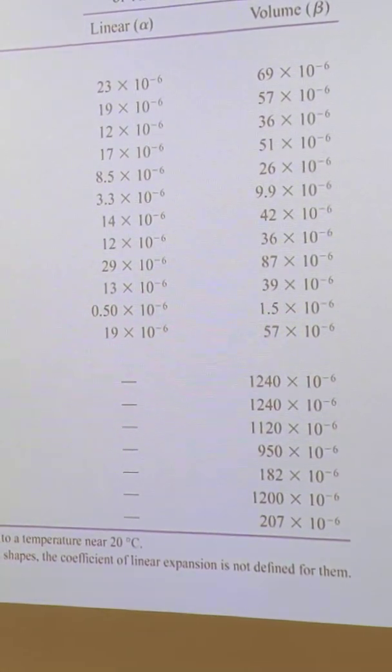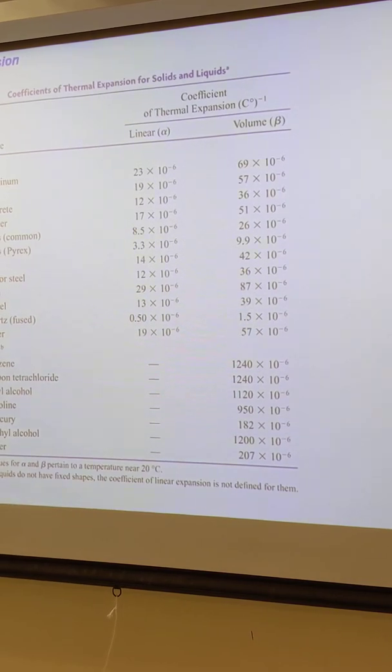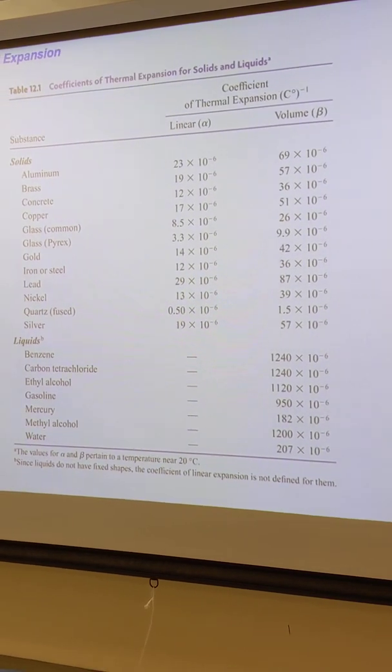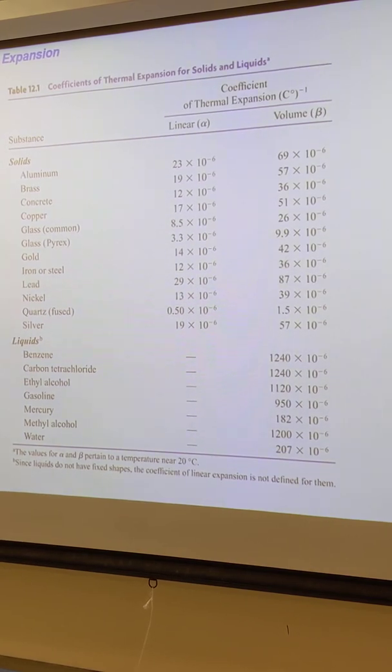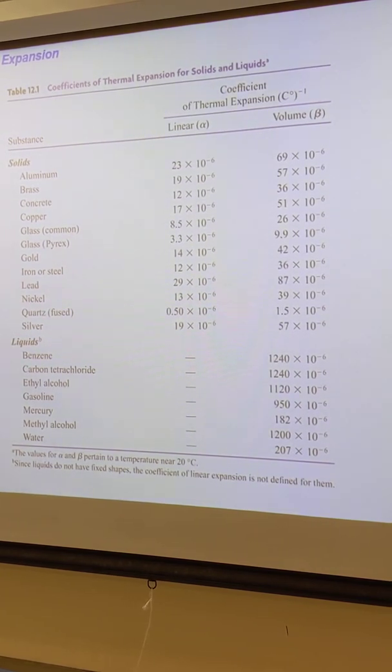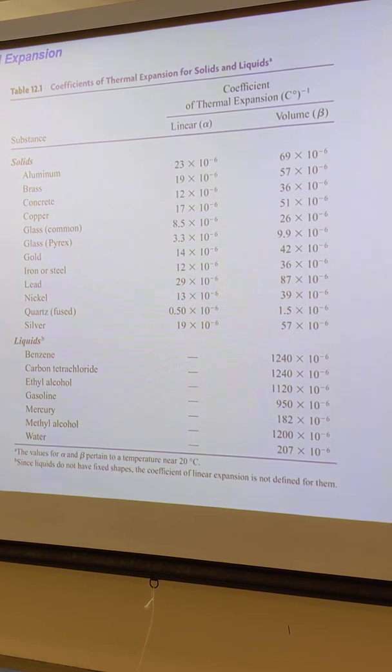It turns out that if you were working with a solid and you're trying to figure out how much the volume would change, and you only have the linear expansion coefficient, that's all you need.